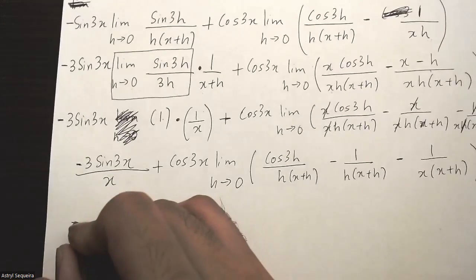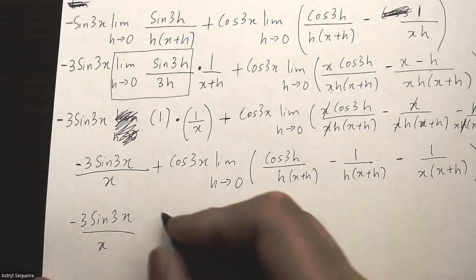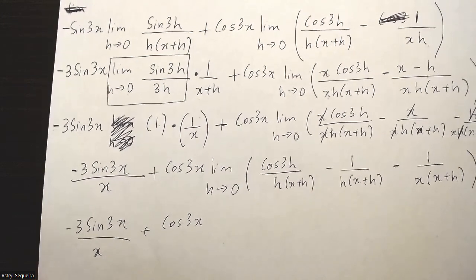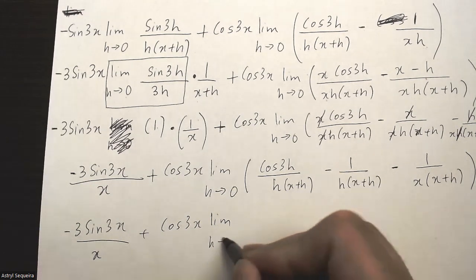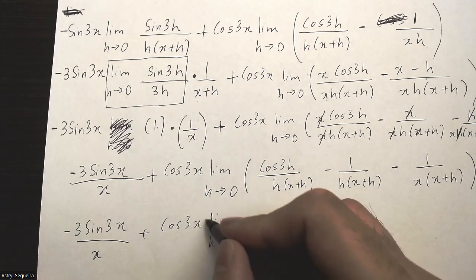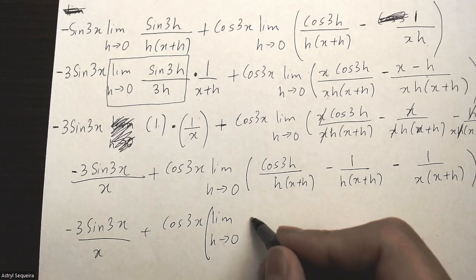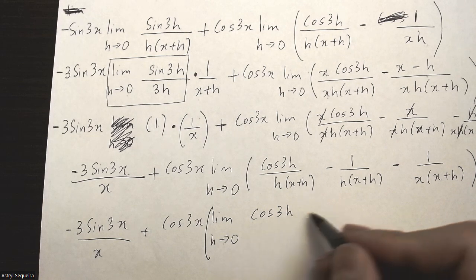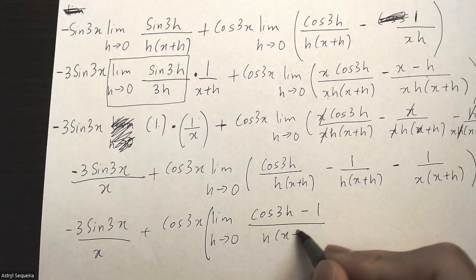So I'll rewrite this as -3 sine 3x over x plus cos 3x, lim h approaches 0. I have a bracket over here: cos 3h minus 1 over h(x plus h).